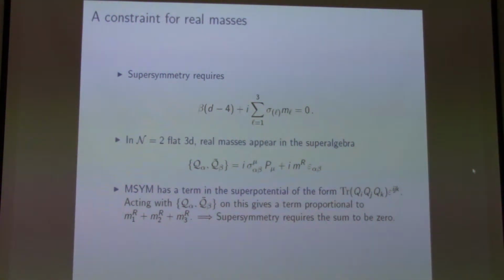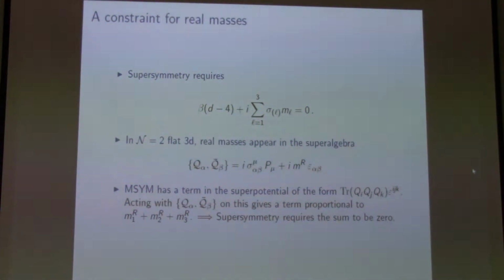Yeah. Here Q bar is the P plus the real mass times the epsilon. What I had in mind is that in the n equal to 4 and higher cases there is the R symmetry part.